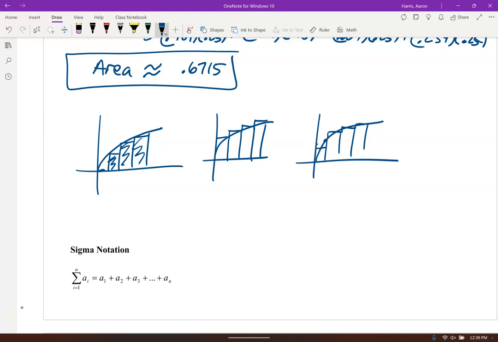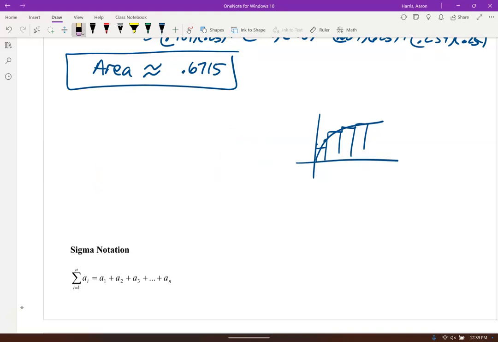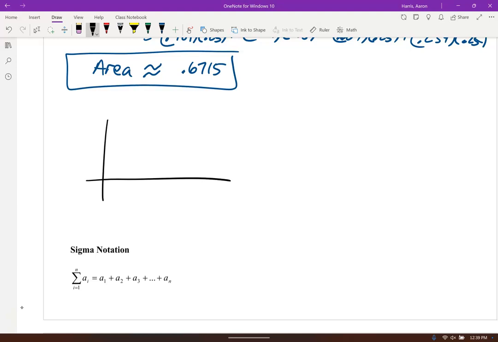These are all approximations. Well, to get more accurate with our approximations, you could split it up into smaller and smaller rectangles. So the widths are smaller and smaller.